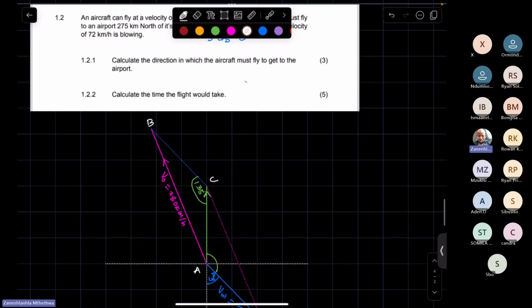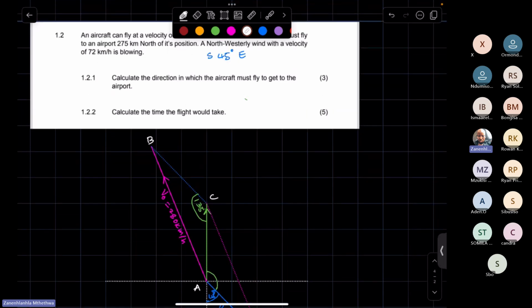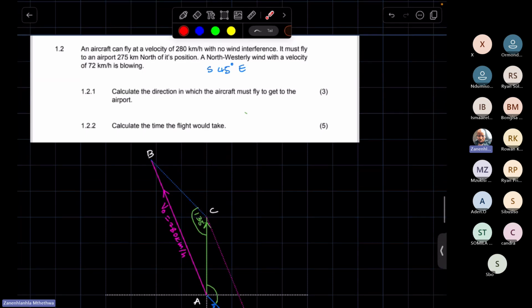Now you can look at questions, right? The angle we have is such that, what is this? This is the resulting velocity, yes. So with this one, the angle that we have is not an included angle.